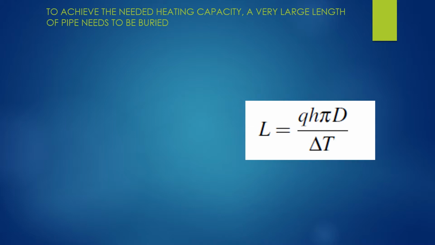Essentially, the length of pipe in this equation is equal to Q, the heat transfer, over h, the convection heat transfer coefficient, times pi times the diameter, times the difference in temperature between the fluid, the refrigerant that was in phase change and so constant, and the ground temperature that we were working at. This provided our difference in temperature, and then with m dot times the latent heat of vaporization and condensation, we were able to calculate our Q, and then with this calculate the length of pipe.